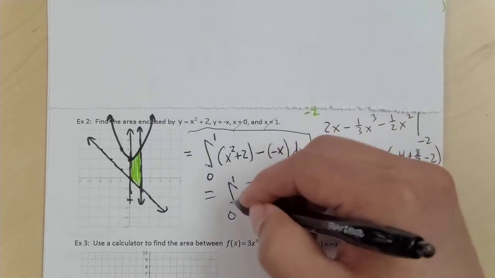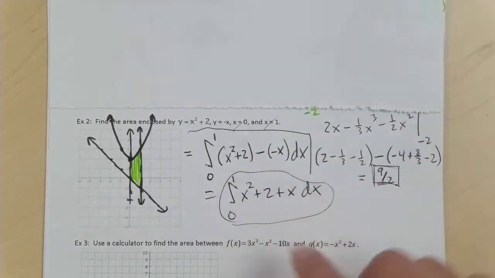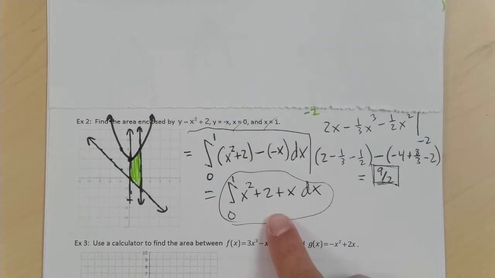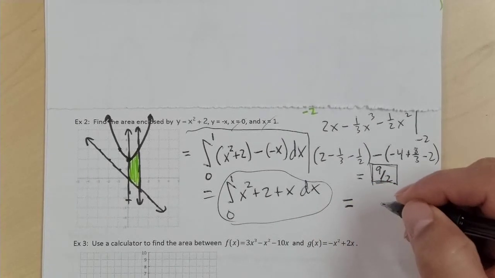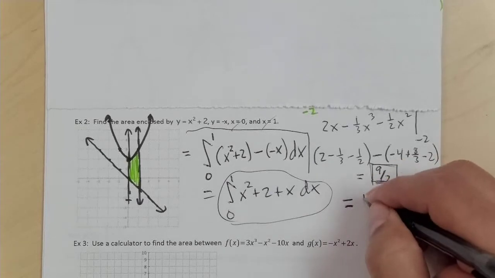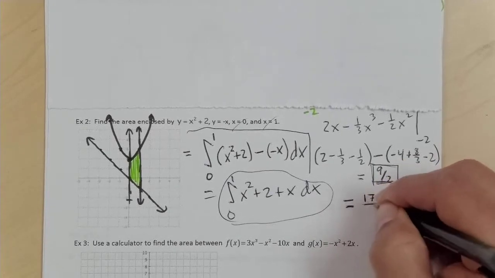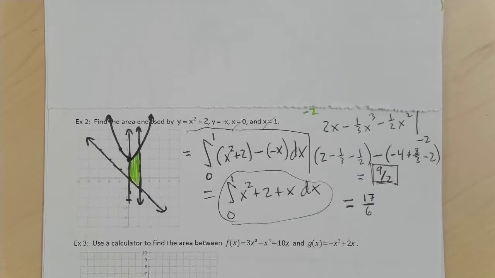But again, I'm assuming if you can get here, you should be able to do the antiderivative using the reverse power rule, right? And just plug in the bounds of integration. And it's not a bad idea to go back and work through these. I'll give you the answer in case you do have a moment to practice this on your own, in addition to the Delta Math homework, but you should get 17/6 there.